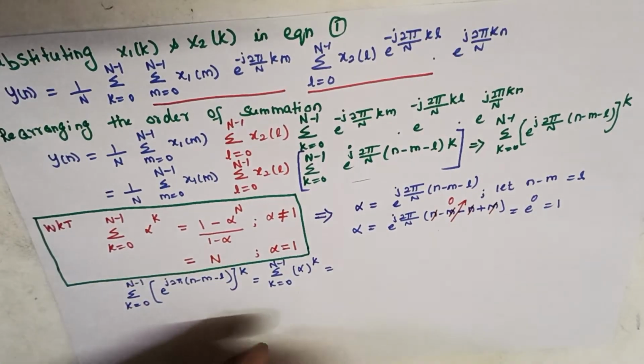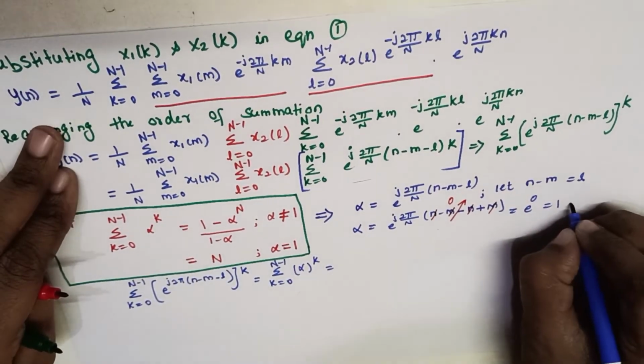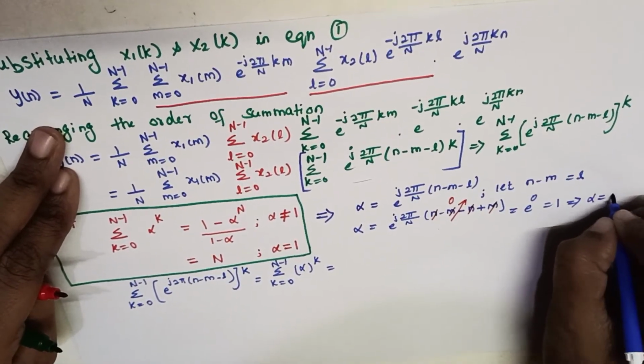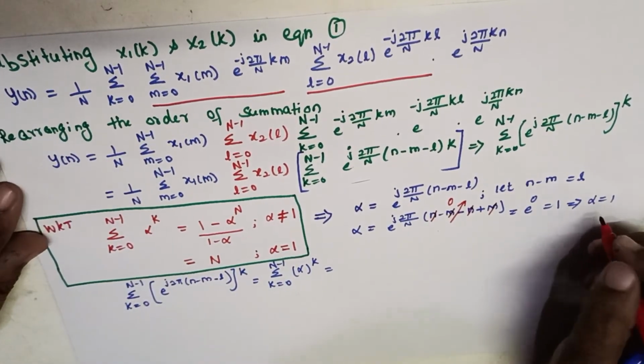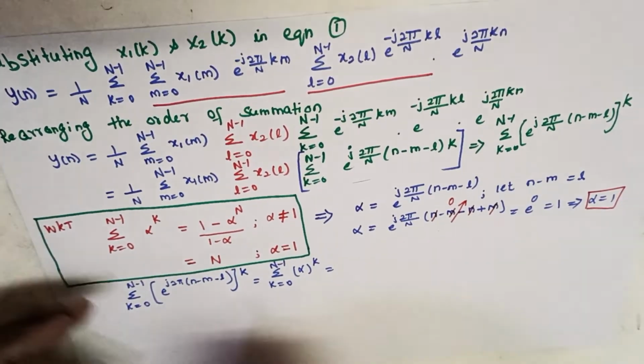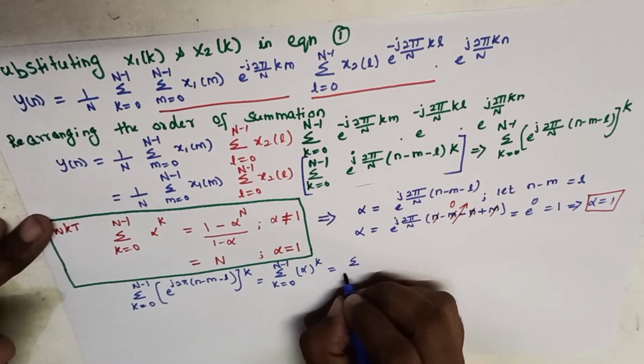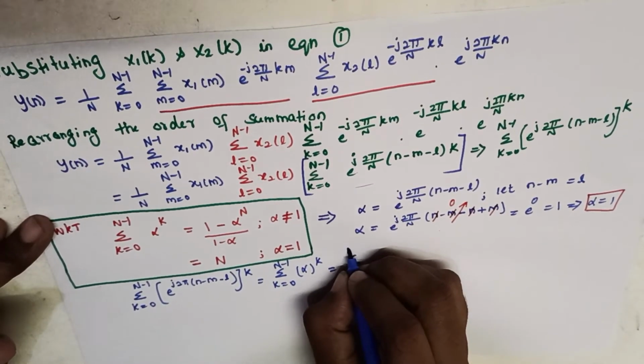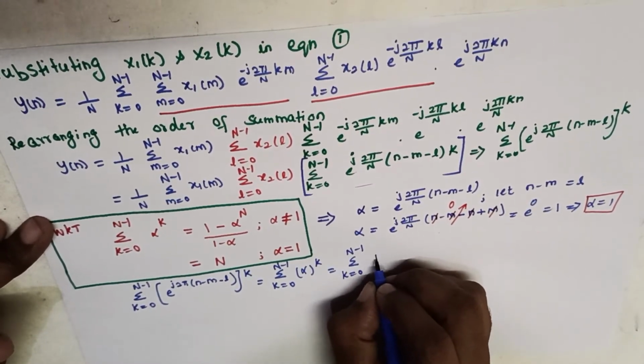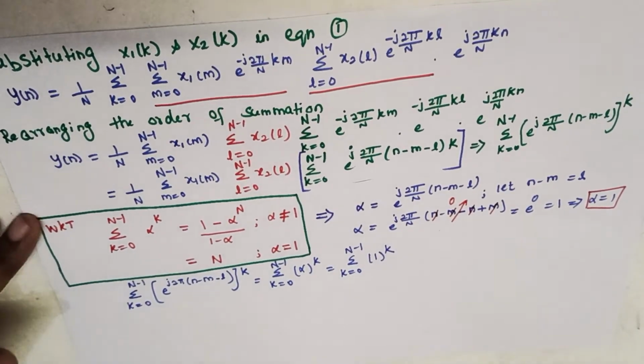Now since we have obtained the value of alpha as 1, this term becomes 1, that is alpha becomes 1. So it gets reduced to summation k is equal to 0 to n minus 1 of 1 power k.